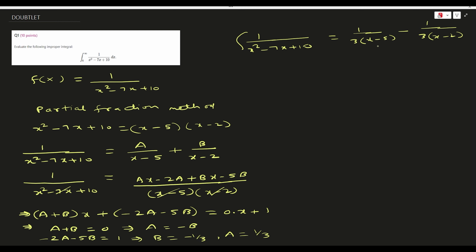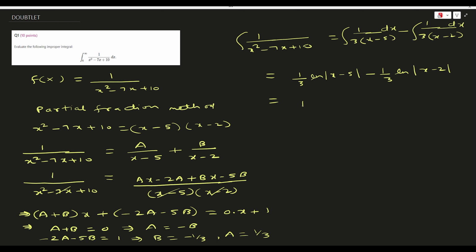If we integrate both sides with respect to x, here it will be dx and here it will be dx. So we know that the integration of this is 1 by 3 ln mod of x minus 5, and here it will be minus 1 by 3 ln mod of x minus 2.